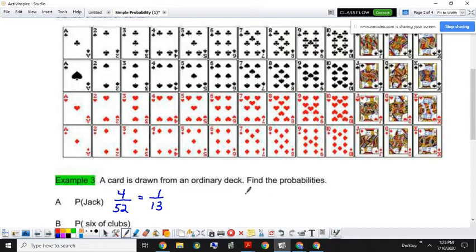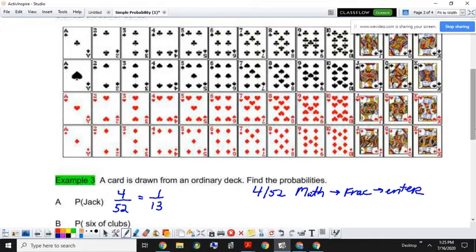If you're having problems simplifying fractions on your graphing calculator, type in 4 divided by 52, hit the math button, then the frac button, and enter, and it will simplify fractions for you.